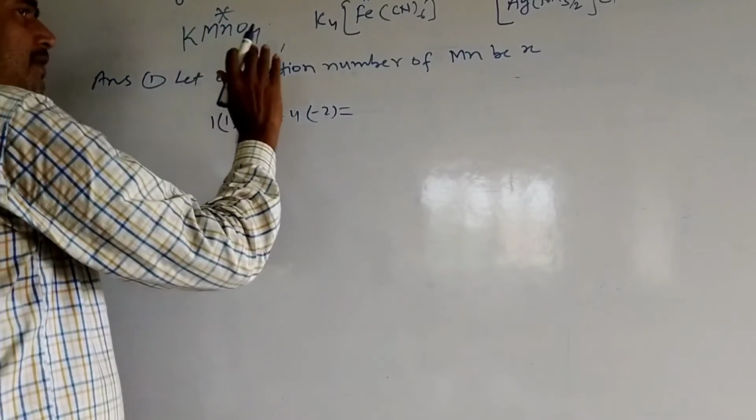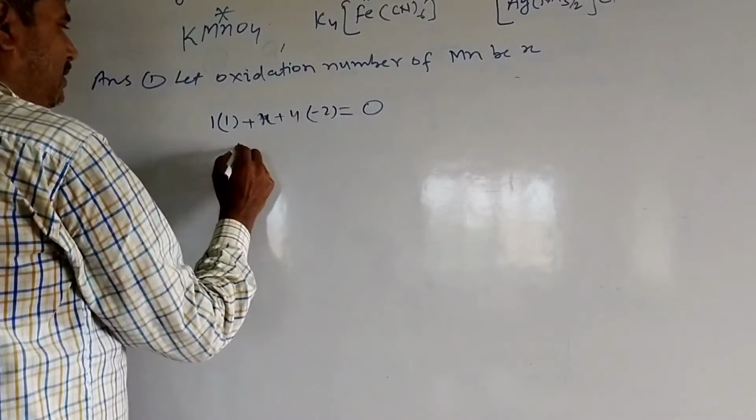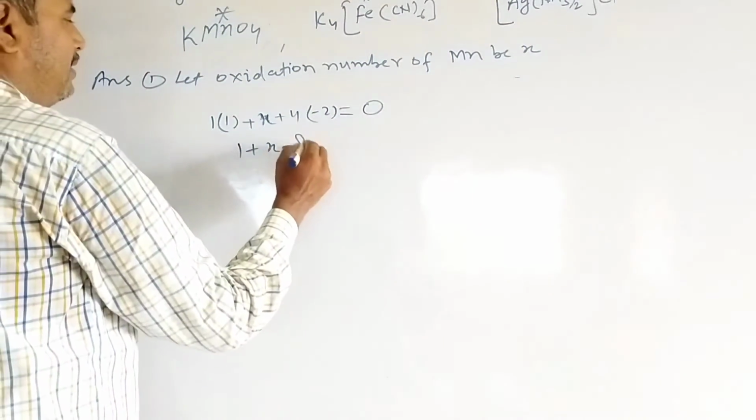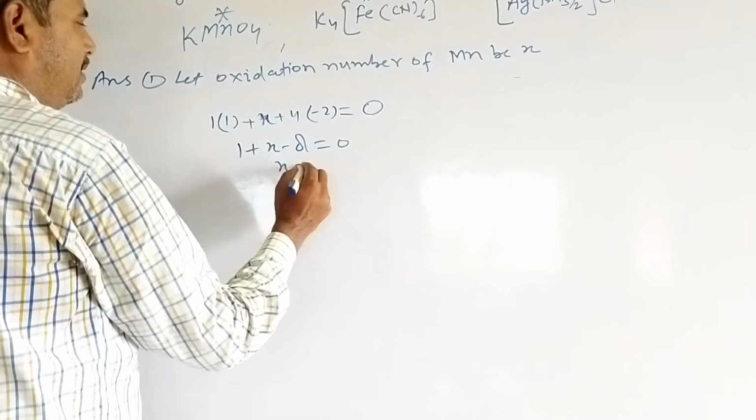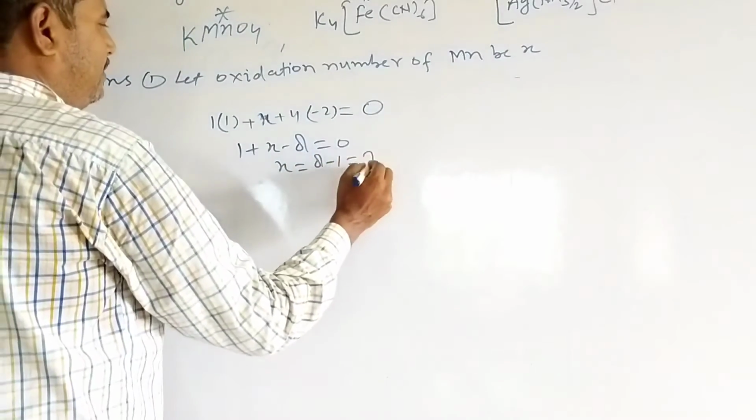Here there is no charge, 0. So 1 plus X minus 8 is equal to 0, or X is equal to 8 minus 1, that is 7.